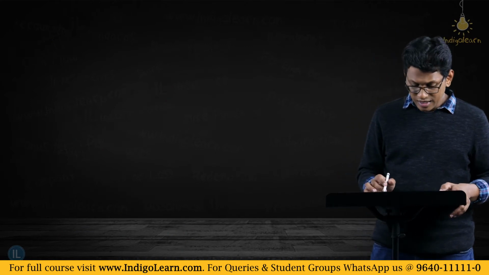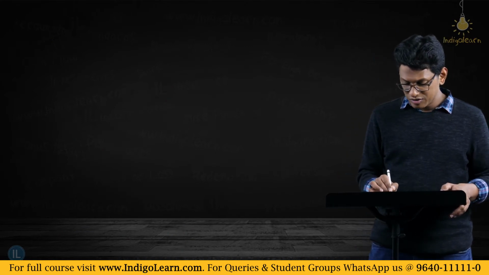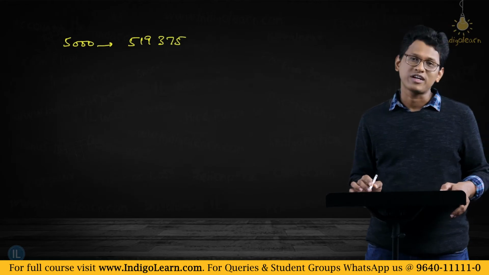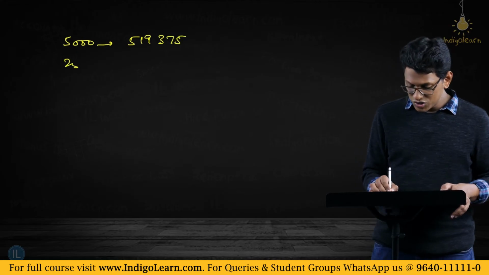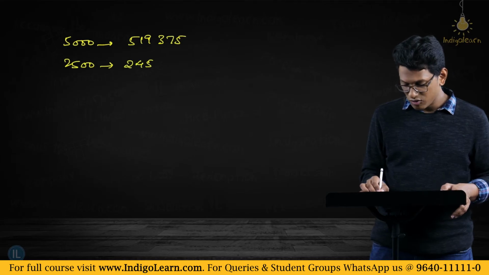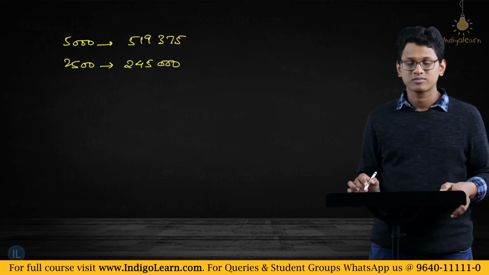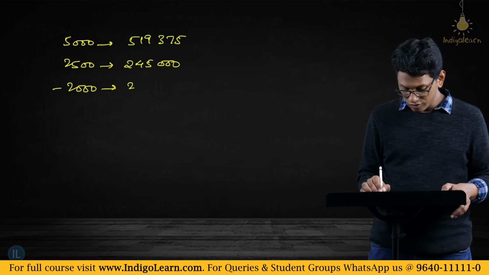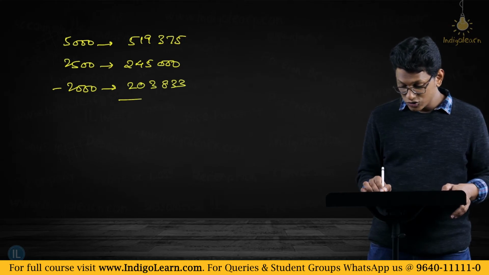Pretty simple. Initially when we purchased 5,000 debentures, the cost was 5,19,375. Then we purchased 2,500 debentures at a cost of 2,45,000. Then we sold off 2,000 debentures which had a cost of 2,03,833.